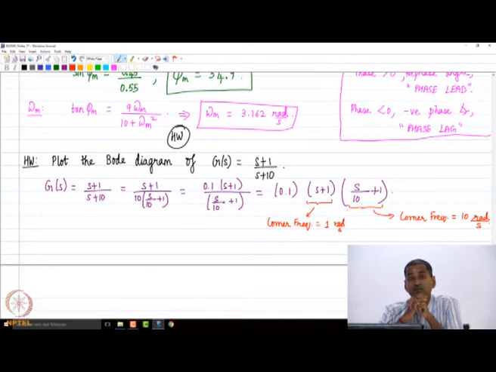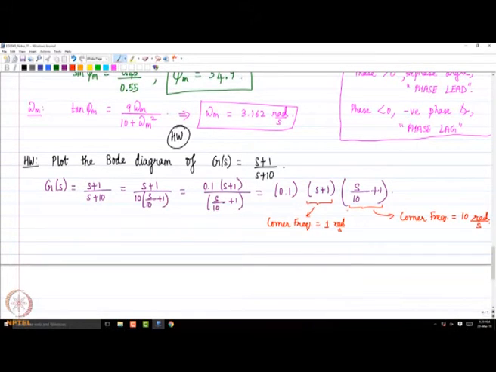So, when you use a logarithmic scale for omega, where is 3.162 going to be between 10 and 1? Midpoint, right. Exactly, why? Because if you want to do 1 times 10, you take the log to the base 10.